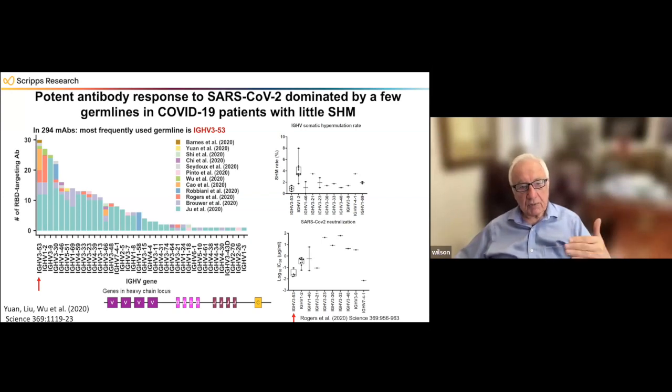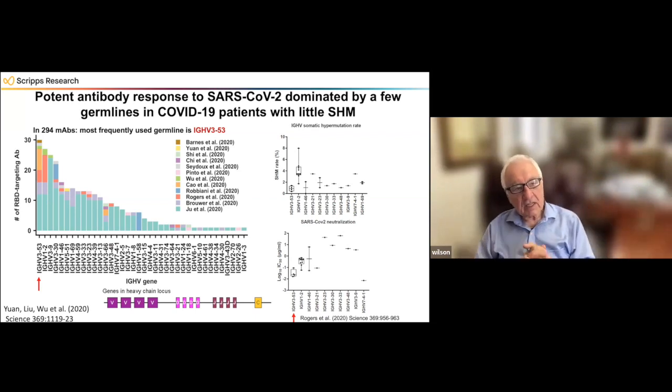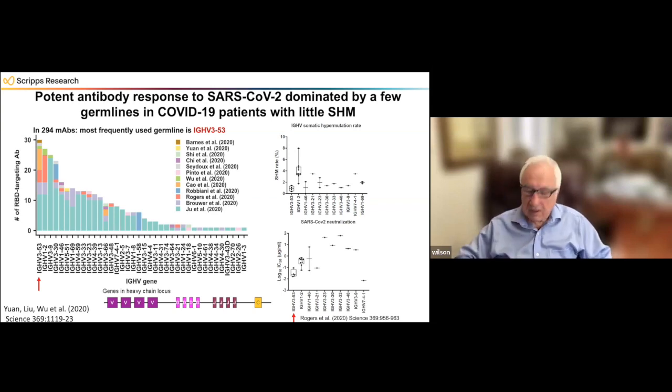But what was surprising was how potent these antibodies were. We had antibodies with almost no somatic mutations that were extremely potent, in the nanograms per mil range. So that says that our immune system has almost off-the-shelf antibodies ready to go that could interact with SARS-CoV-2. And I think we were very fortunate in that regard.